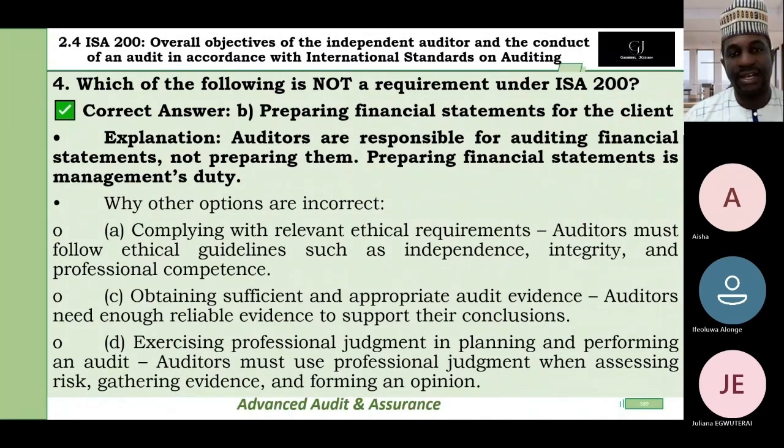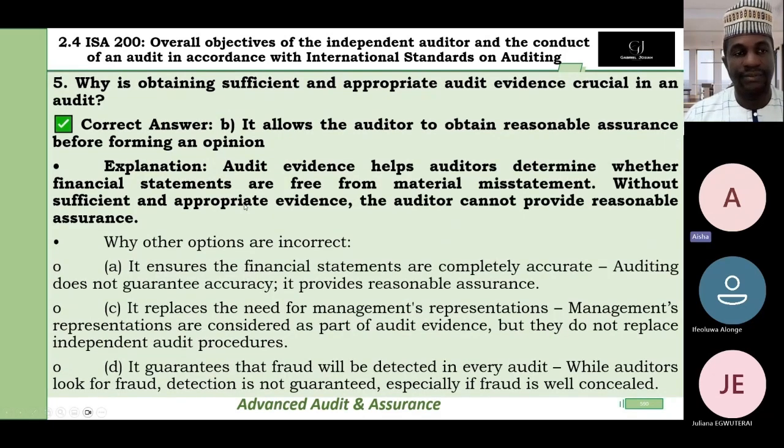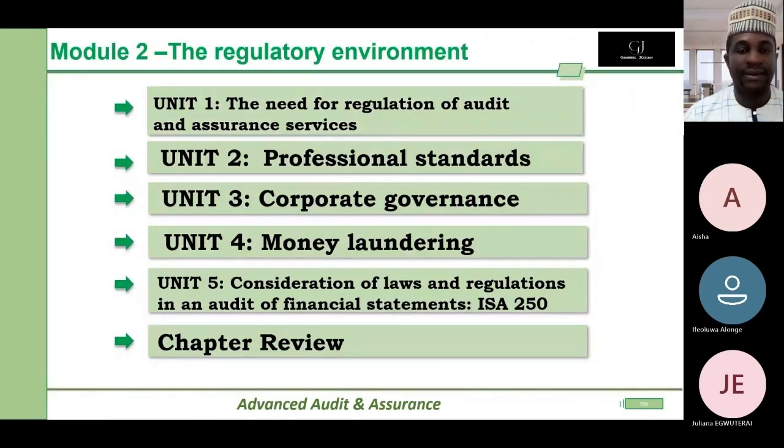Preparing financial statements for the client. Auditors are responsible for auditing financial statements, not preparing them. Very clear. Preparing financial statements is management's duty. Exactly.